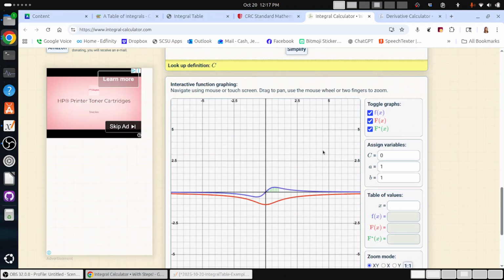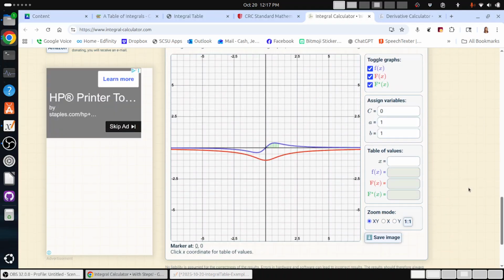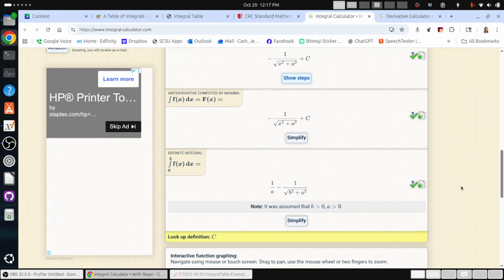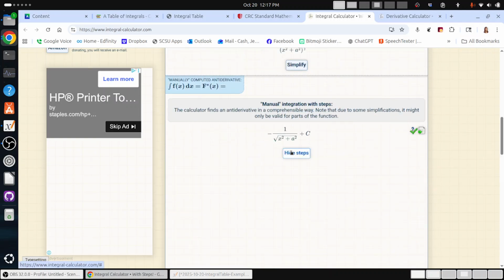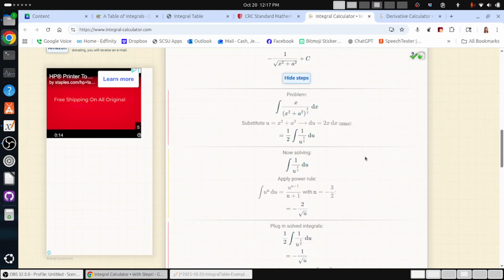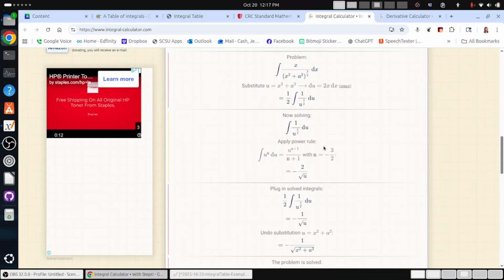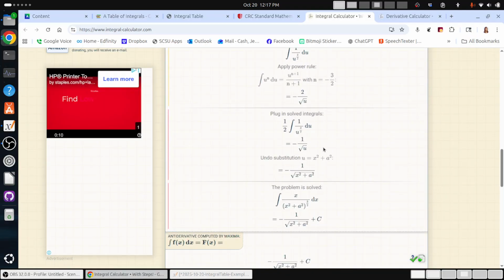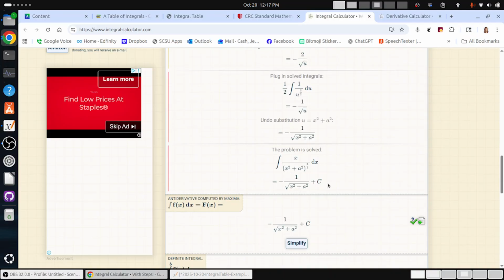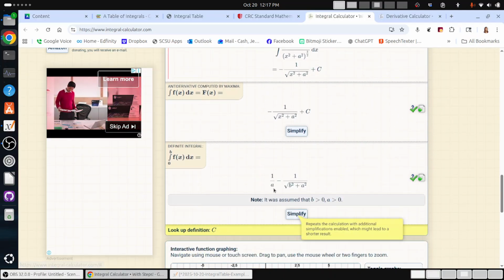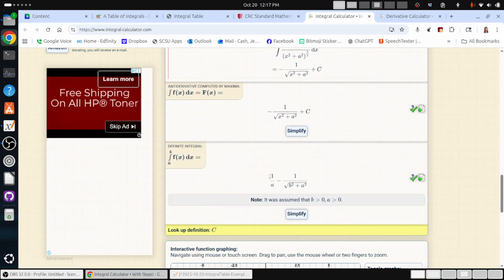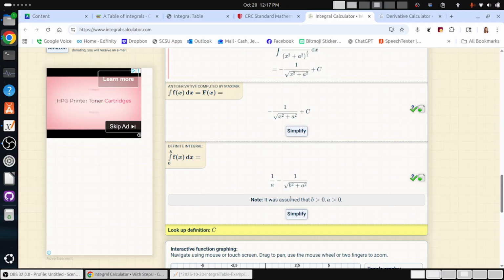If I wanted to see all of the steps, I could see how it's going through and doing that. It gives me my solution for the general form, and then the solution where it has simplified it, plugging in.